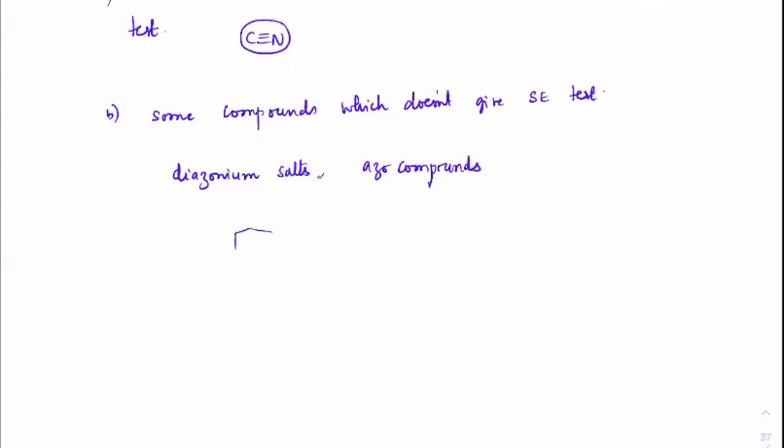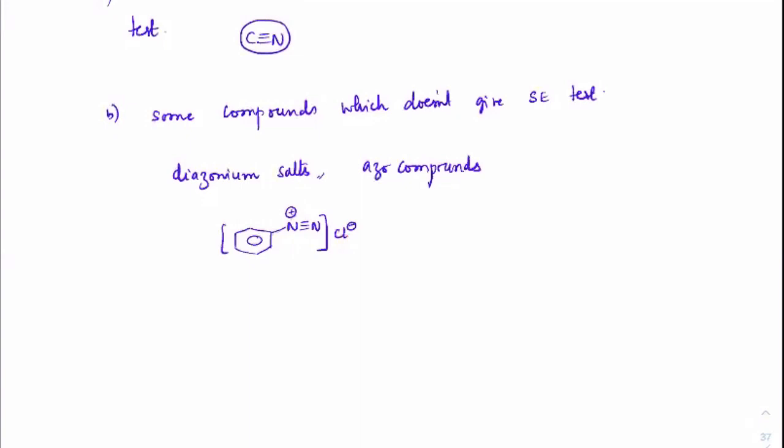Yesterday also we learned about diazonium salts. Diazonium salts have N triple bond N plus, and if you have Cl minus, this is diazonium chloride salt. When you have N triple bond N in a molecule, on heating, the first thing it will do is become N2 gas and escape out. So it will hardly stay there as C triple bond N in the solution.